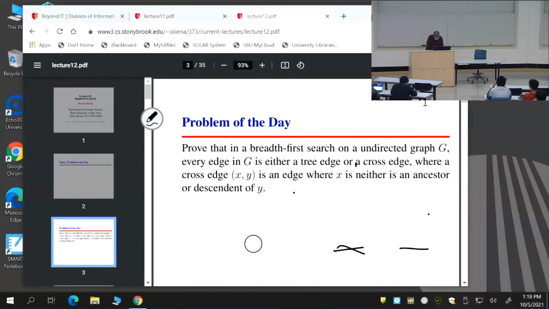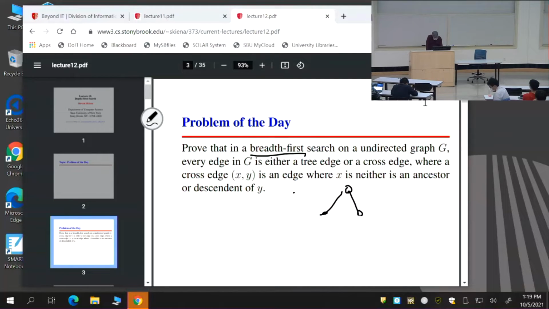The daily problem was saying that in a Depth-First Search on an undirected graph, every edge is either a tree edge or a cross edge. What does that mean? Let's say that this is my BFS tree of discovery at some point.